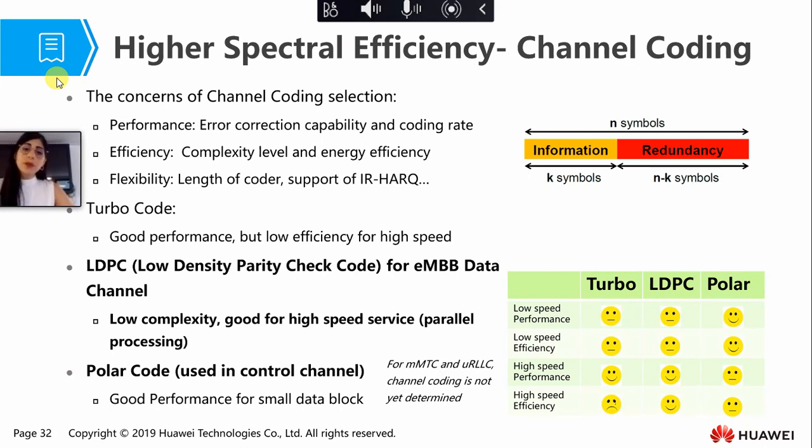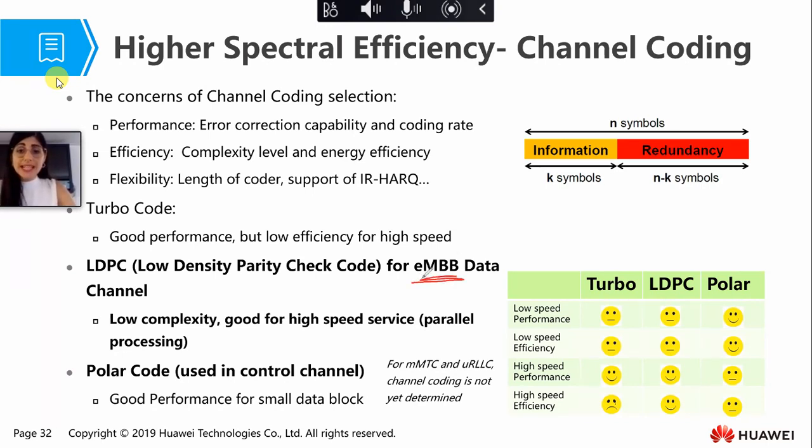So with 4G, we used turbo codes, but turbo codes have good performance, but low efficiency for high speed. So for enhanced mobile broadband services, I remind you that at this moment only release 15 is frozen, and release 15 defines the enhanced mobile broadband scenario.